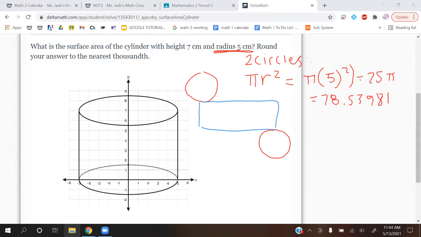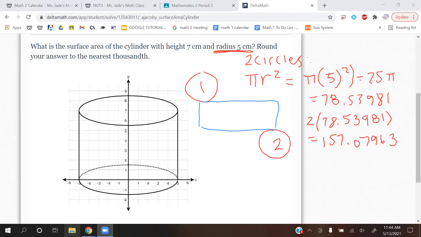And then this is 1 single circle. So we have 2 circles, so we must multiply this by 2. And that gives us 157.07963. Okay, let's leave it like that. So we have 2 circles here.